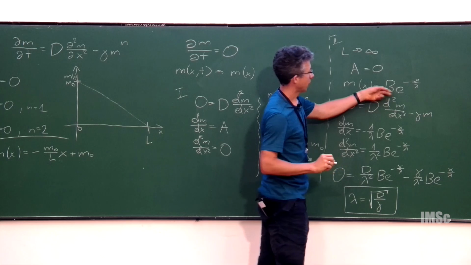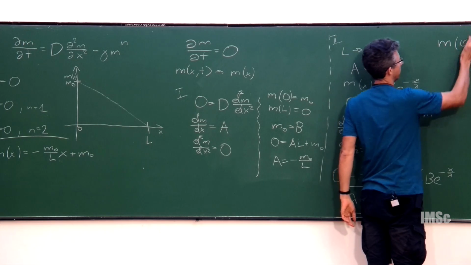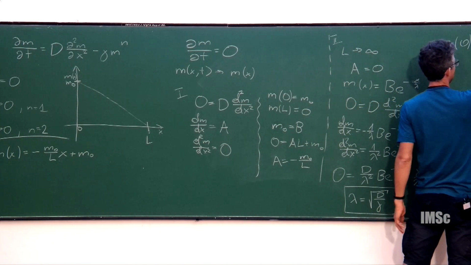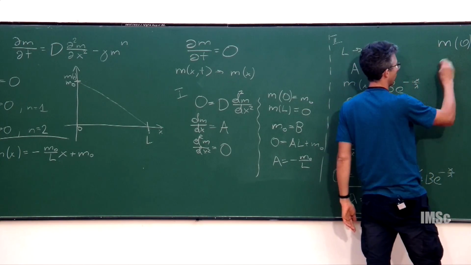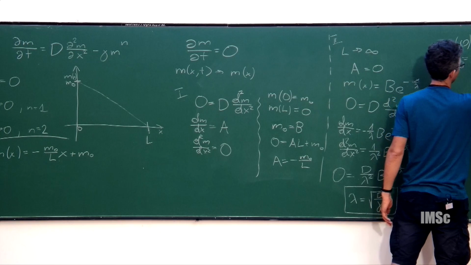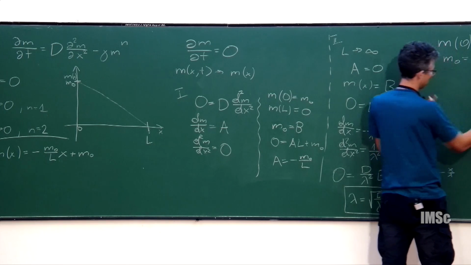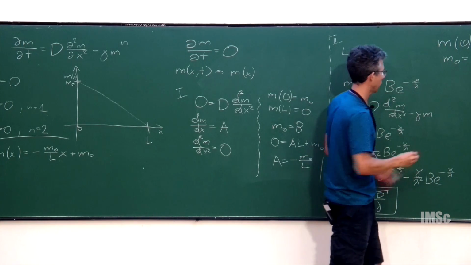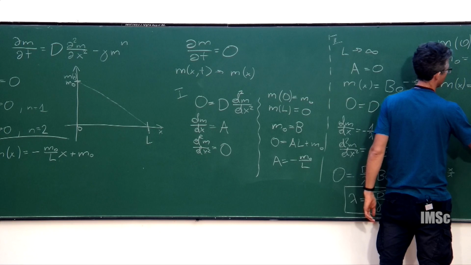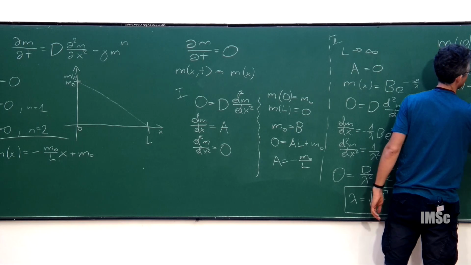So we are left just with this parameter, but this is even simpler because we use our condition for concentration at x equals 0, and then this should be M naught, which means here I put 0, so this is 1, and this is left with M0 equal to B. So the solution I get, where let me write explicitly, over the gradation.